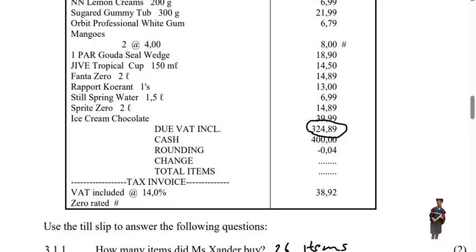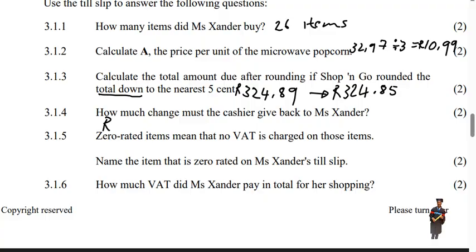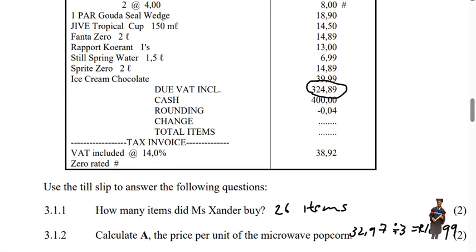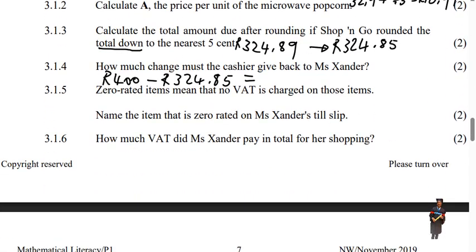The money that was paid by Miss Shanda is 400, minus the rounding that we have just done, which is 324.85. Do not make the mistake of calculating the change using the VAT inclusive money. We calculate the change using the paid money and the rounding. We say the money that is paid minus the rounding.